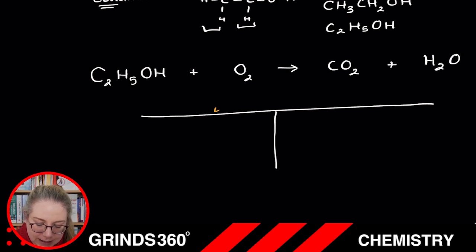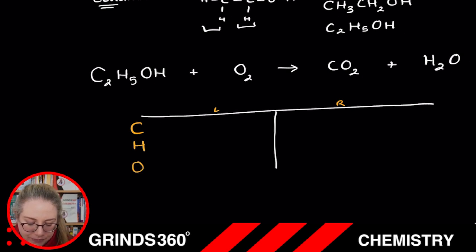So we have the left versus the right-hand side, and we have 3 elements, carbon, hydrogen, and oxygen. For the carbons, you have 2 carbons on the left-hand side, so these carbons here, and you have 1 on the right. Next, let's look at the hydrogens. You have 5 plus 1 is 6 on the left-hand side, and over on the right, you have 2 atoms of hydrogen.